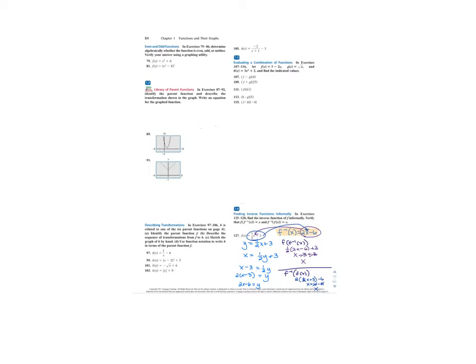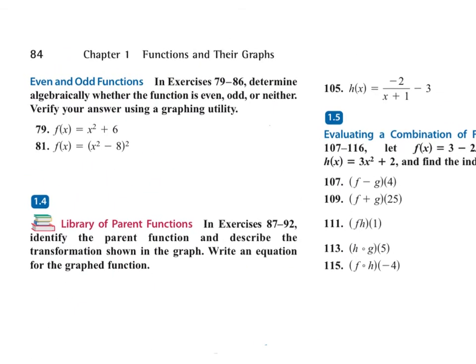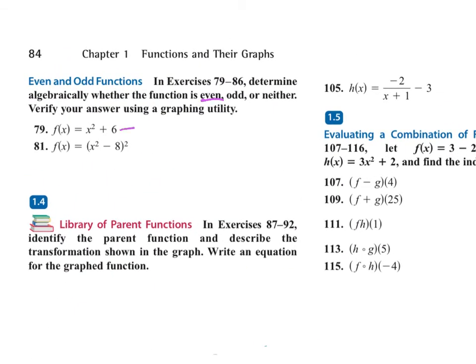All right. Even and odd. Remember, if it's even, it's symmetric to the y-axis, which this would be. This is a yes. And this is a no because it's a shift off of the x-axis. But if you had graphed it, you would have known that. Or if it says algebraically, that means plug in a negative x. Actually, hang on. I might be totally wrong.